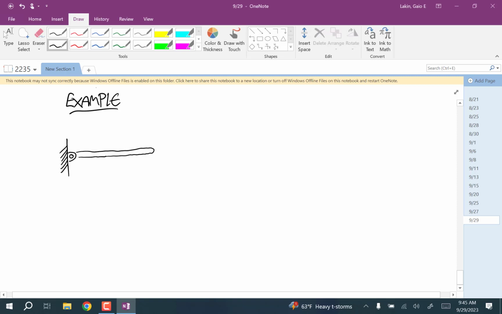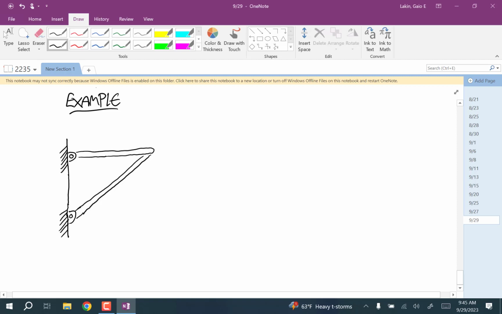And then what am I going to do here? A pin there and a member like that. And let's say that this is a 3, 4, 5 triangle.